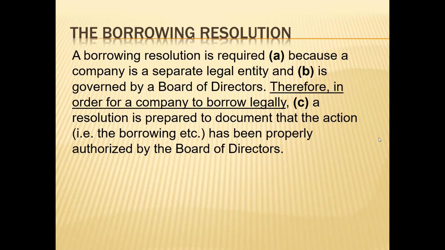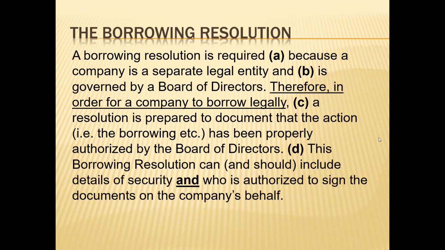And that takes us to D. This borrowing resolution can and should include details of security and who is authorized to sign the documents on behalf of the company. Okay, so far we have 4 components, and we're about to look at the 5th.